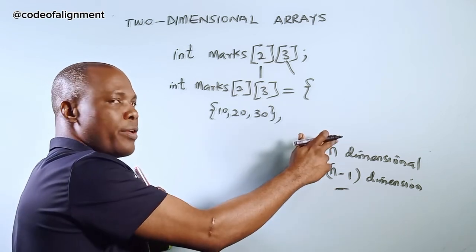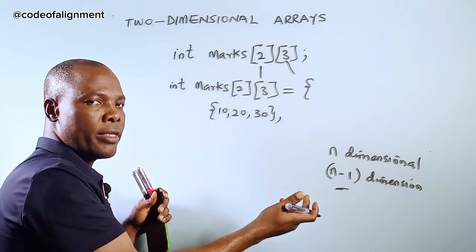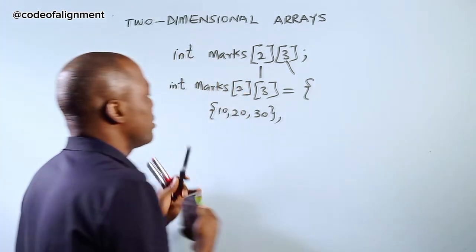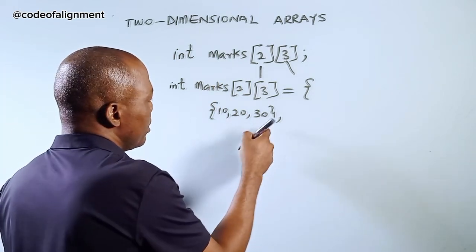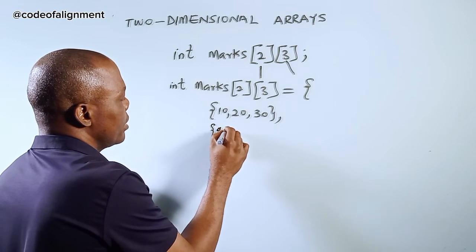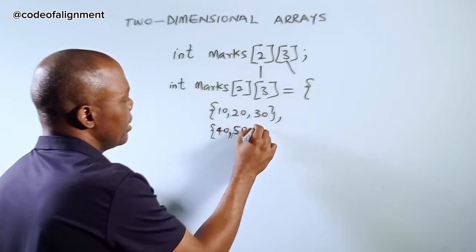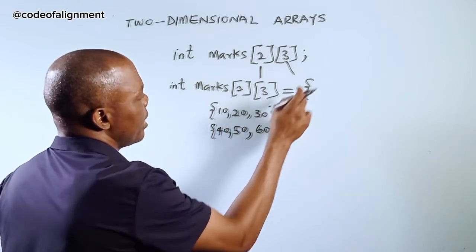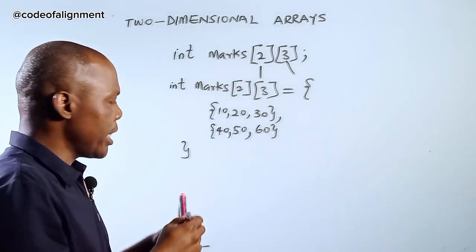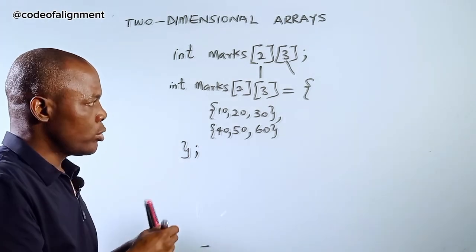If I have a 3D array, the element will be what? 2D arrays. So that is multidimensional arrays. So then I will have 40, 50, 60, right? Then I will close this. So this is how you initialize a two-dimensional array.